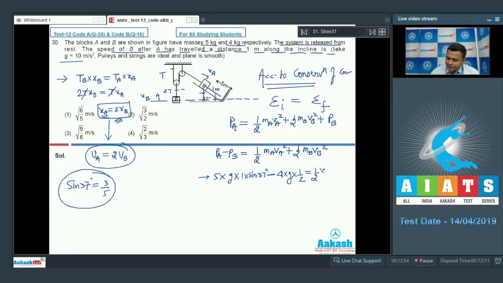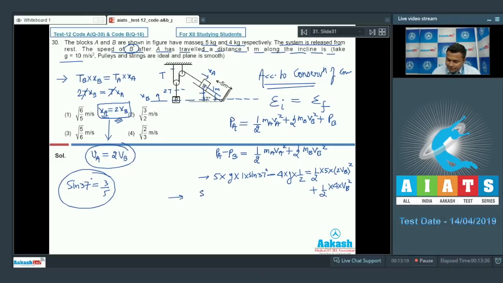half, mass of A 5, speed of A equals twice speed of B, because we have to find the speed of B only. So in place of VA put 2 Vb, squared, plus 1 by 2 into mass of B 4 Vb square. Sine 37, that is 3 by 5.